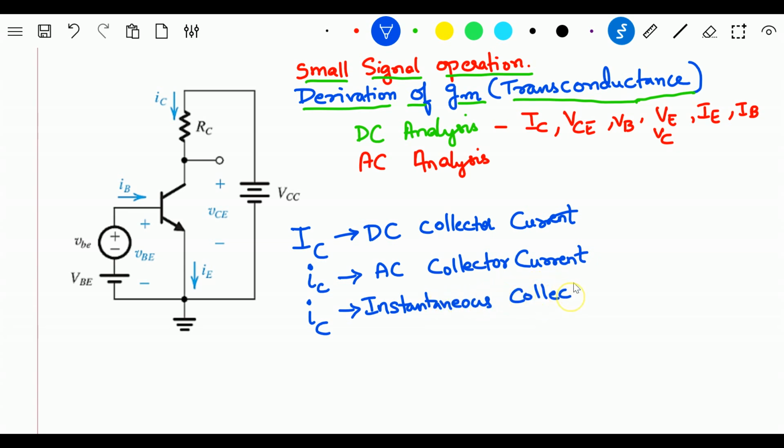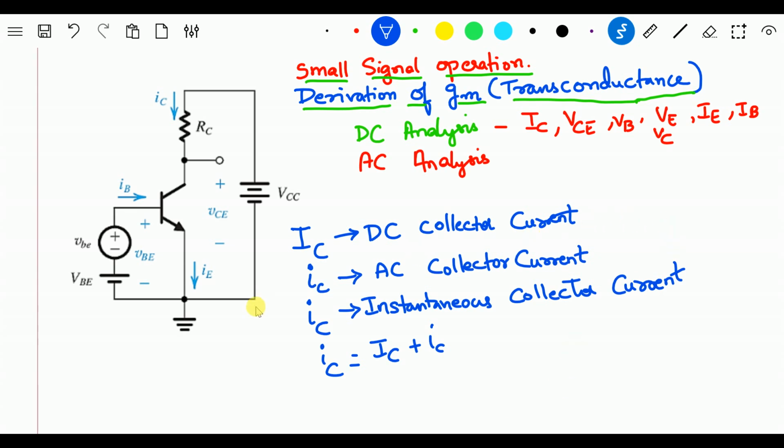This instantaneous collector current is equal to the DC collector current added with the AC collector current.